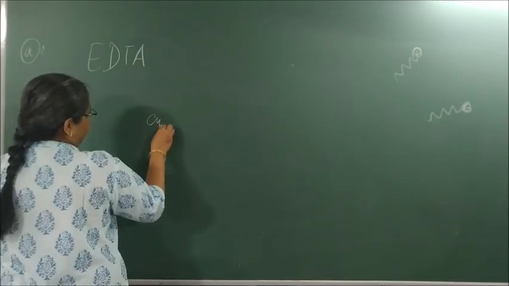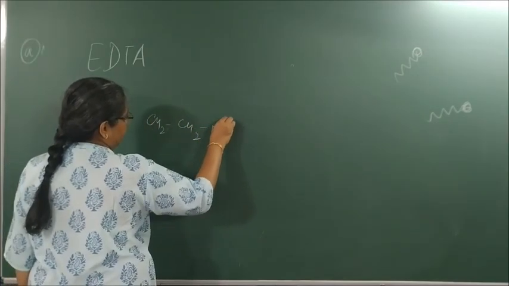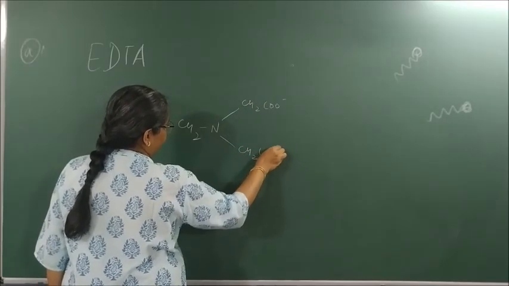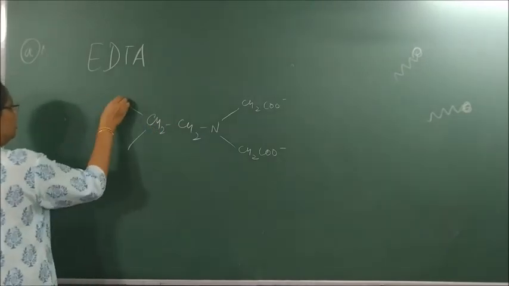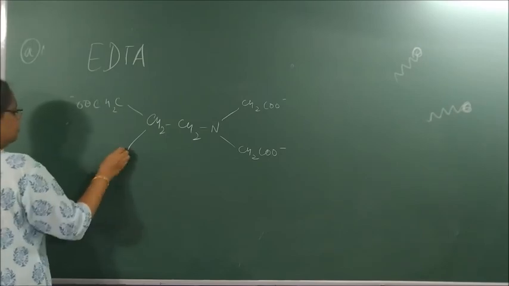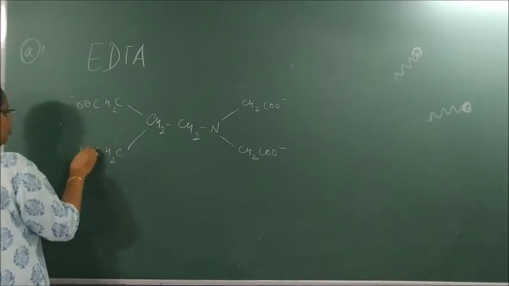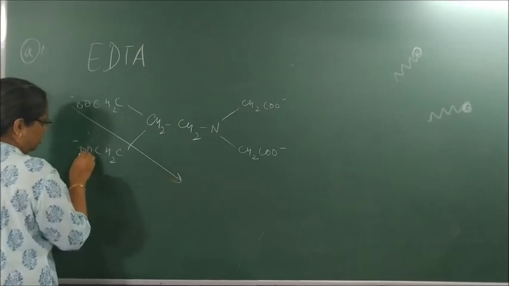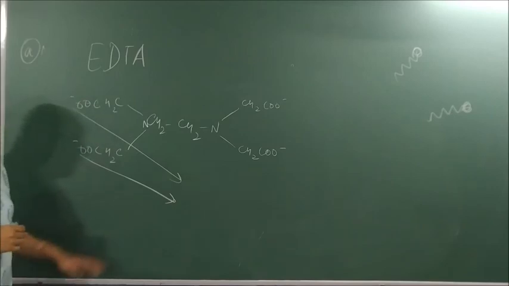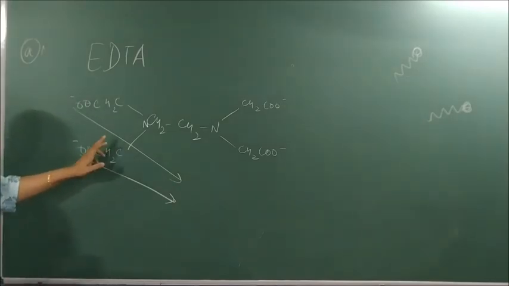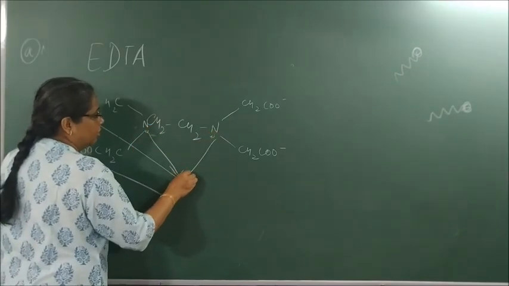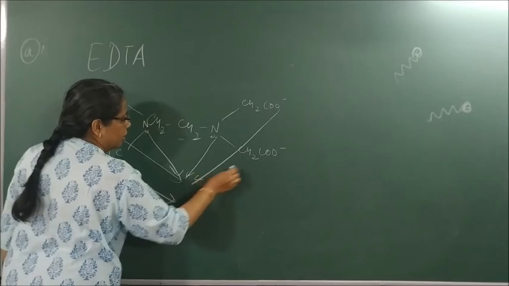You can only write the formula, you don't require the rest. If you have understood, it is CH2COO minus, CH2COO minus. Here also CH2COO minus and CH2COO minus. 1, 2, 3, 4, 5, 6.